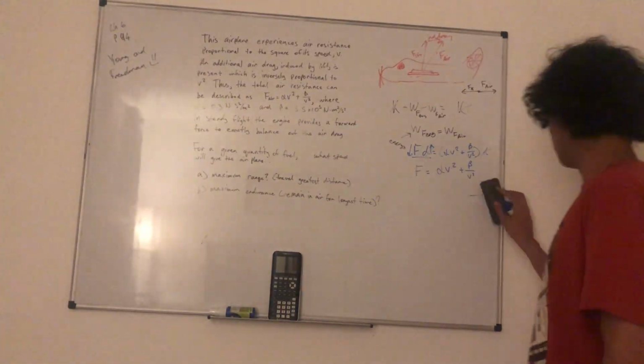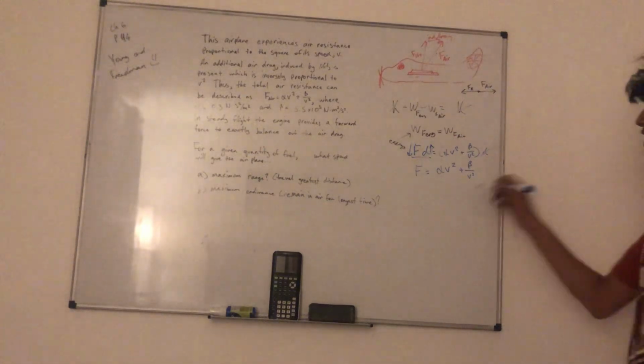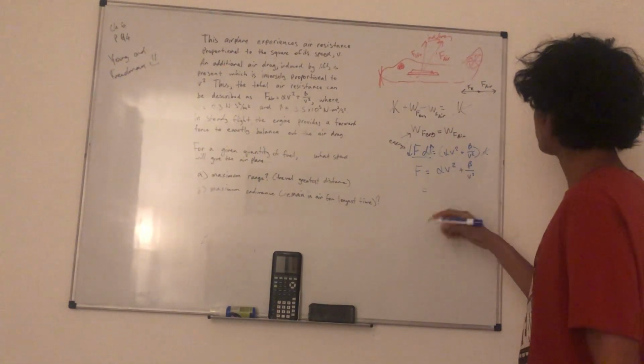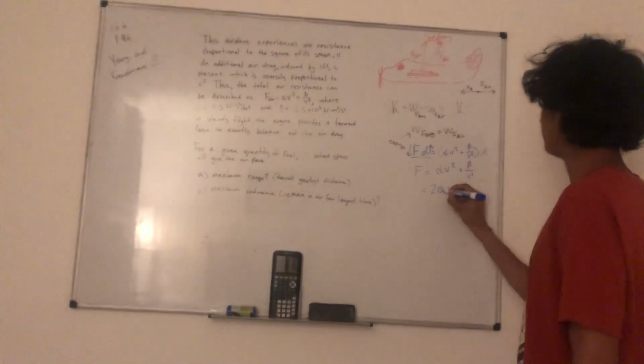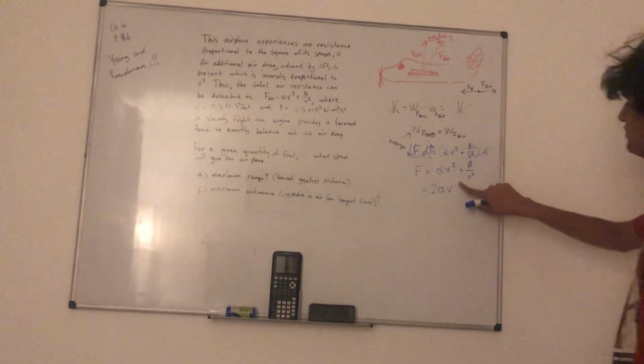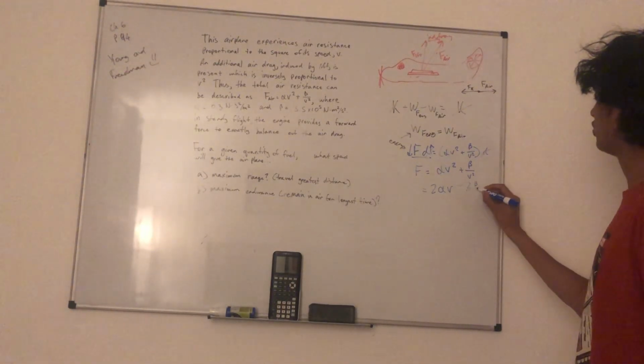We can just do the derivative, right? So if we differentiate this function, let's do the power rule. We have 2 alpha v, and then a minus here, 2 beta over v to the third.